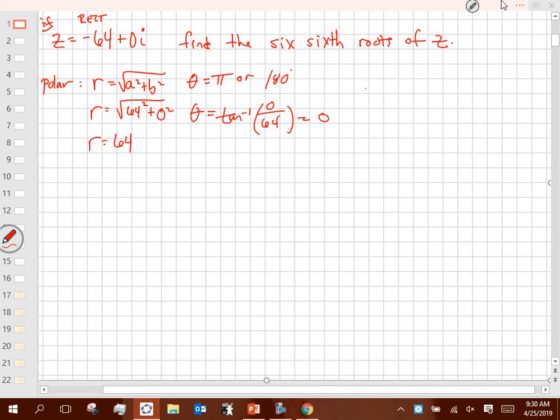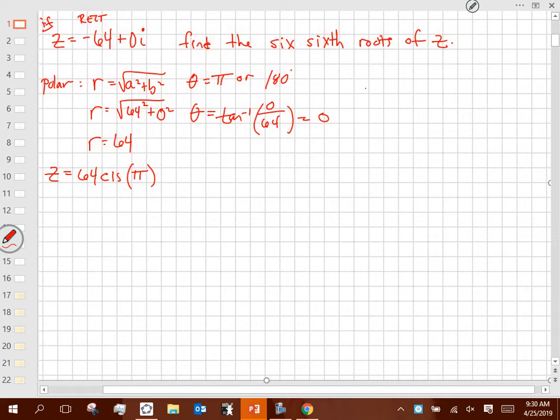Okay. So now, with that, we should be able to find z in polar form to be r cis, I'm just going to write this as pi. 64 cis pi. All right? Okay.